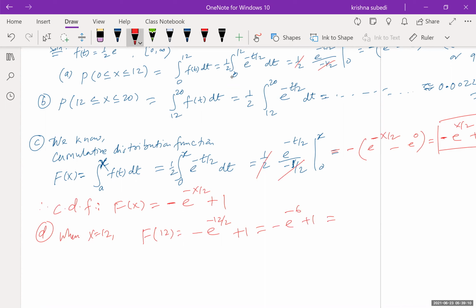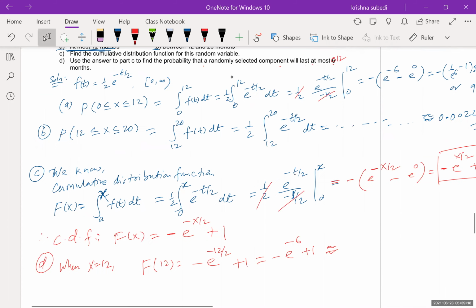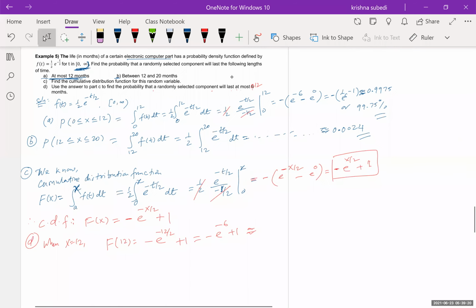And what do you get? You see, it's the exact same expression that we got in part A. So in part A, we got this expression, which is going to be 0.9975.